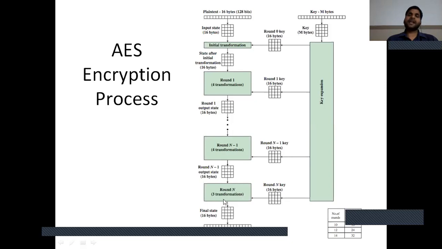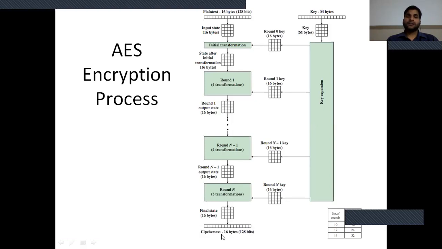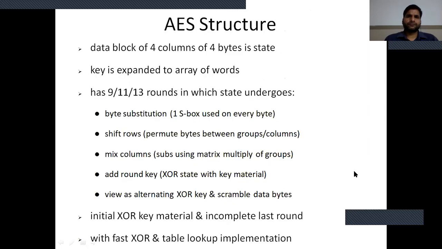The final state produced by round n is stored in the 4 by 4 byte array as the ciphertext. Here the relation between the number of rounds and the key is given: for 10 rounds, the key is 16 bytes; for 12 rounds, 24 bytes; and for 14 rounds, 32 bytes.